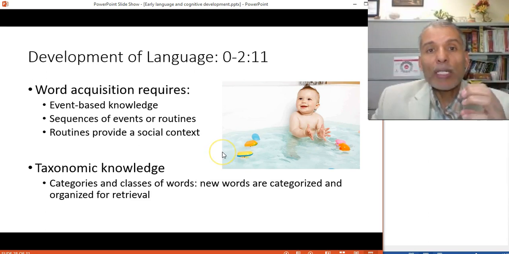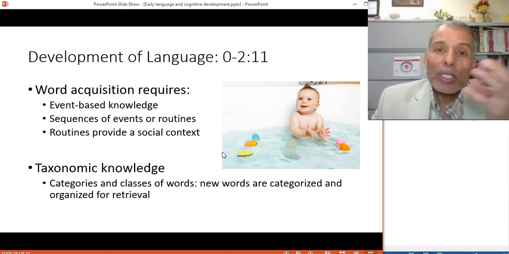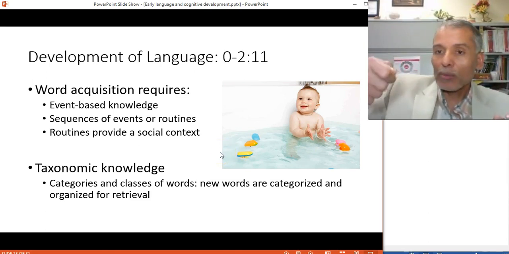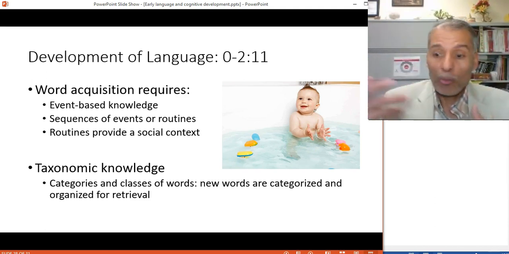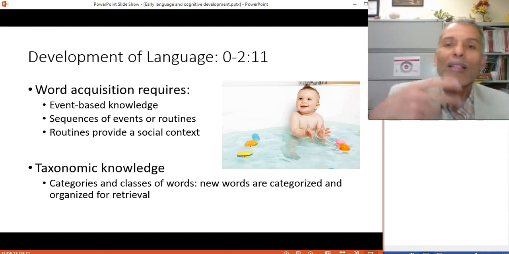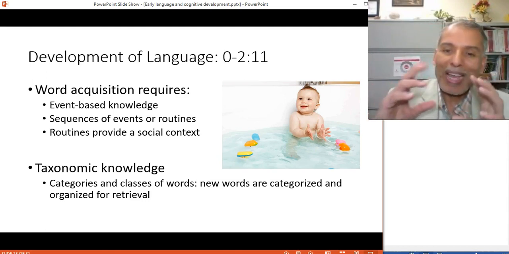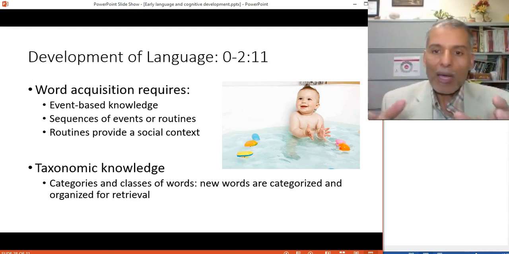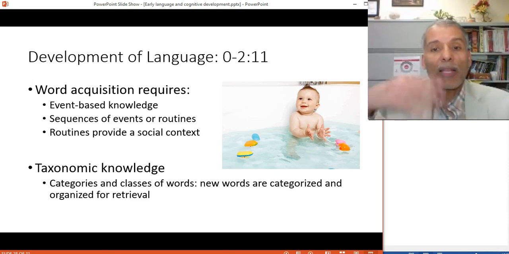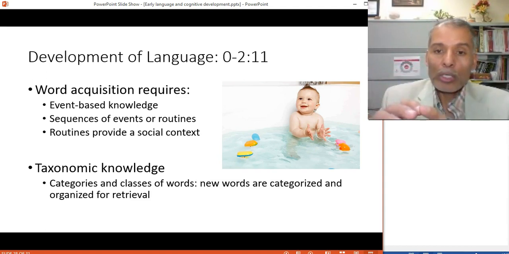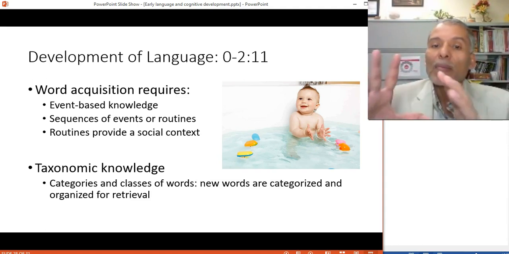The feeding routine has its own language, its own interactions: lifting up the spoon, bringing it to the baby, opening her mouth, and you might say a word, hum, or any kind of word, and the baby laughs. And then the bathtub is a whole different context that has its own vocabulary. Every time the baby goes to the bathtub, they have mostly the same things, day by day.